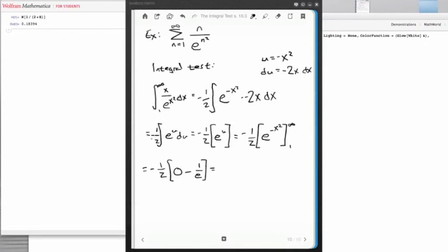Okay, here I just paused for a moment, and if you look over to this side here, I did 1 over 2e, and that is exactly equal to 1 over 2e, which is roughly equal to 0.18394.